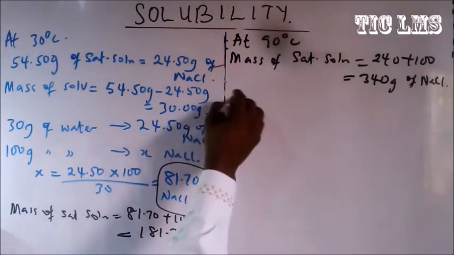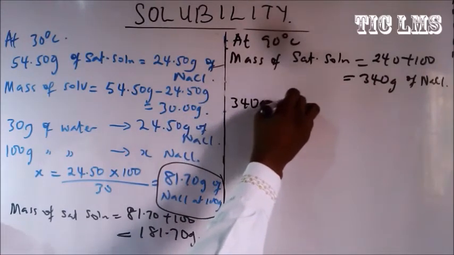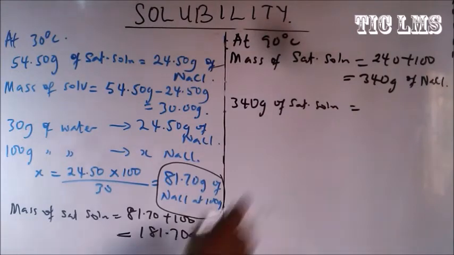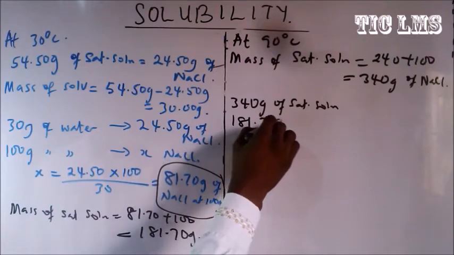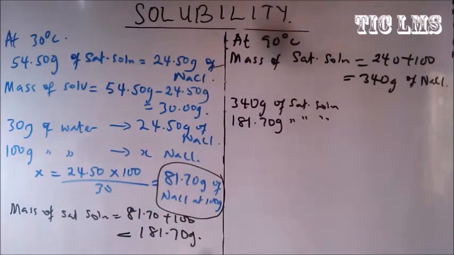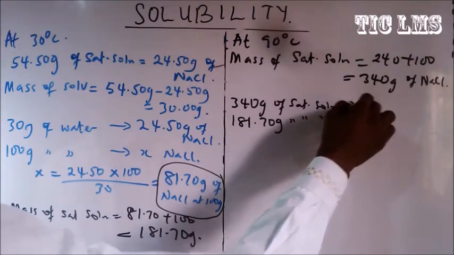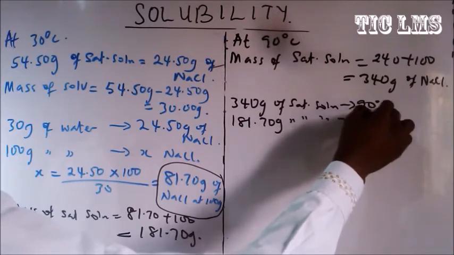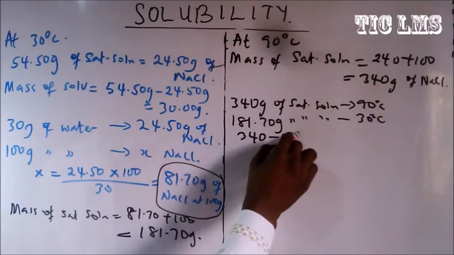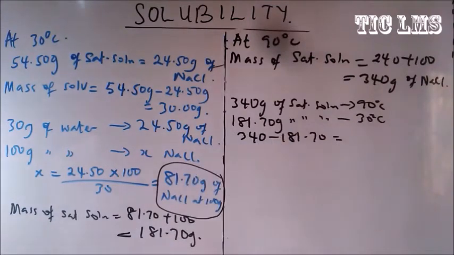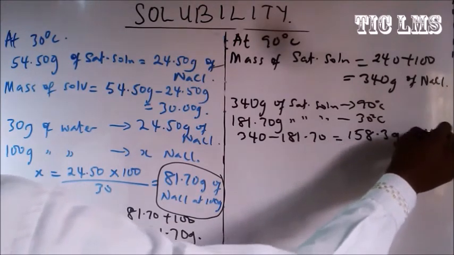So we state here that at 90 degrees Celsius we had 340 gram of saturated solution, and at 30 degrees Celsius we had 181.70 gram of the saturated solution of the same salt. So when we cool it from 90 to 30 degrees Celsius, what is the mass that precipitated out? We have 340 minus 181.70, and that will give 158.3 gram of the salt.